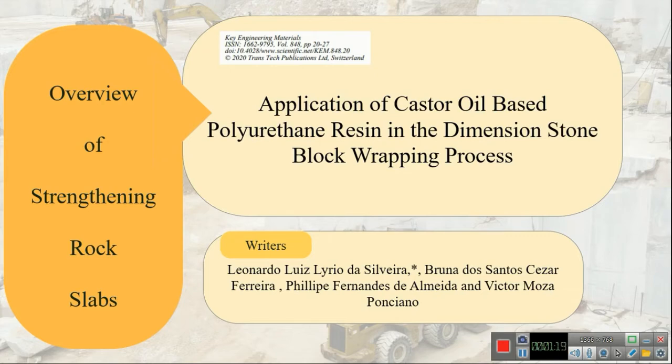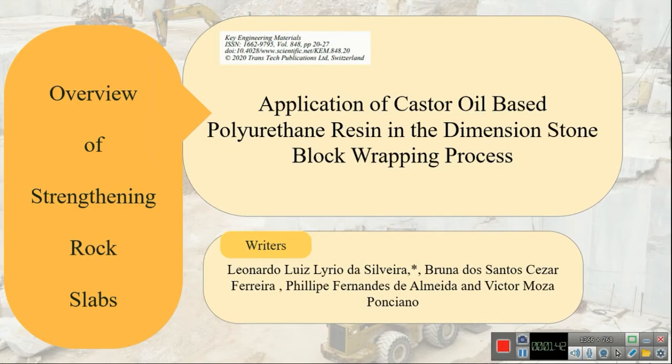The results indicate that the castor oil resin showed a higher tensile strength regarding carbonate rocks, suggesting that the castor oil resin could replace the epoxy resin when applied to this rock group, providing an environmental advantage and a global marketing differential.